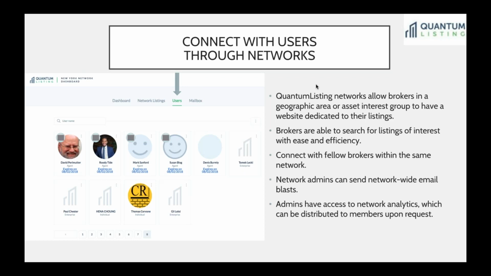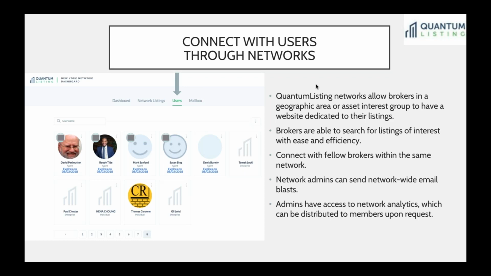And if you had an interest in starting your own network on Quantum Listing, that could be for a company with multiple offices, where you want to have a network with all the offices so you can see all the listings in your organization.